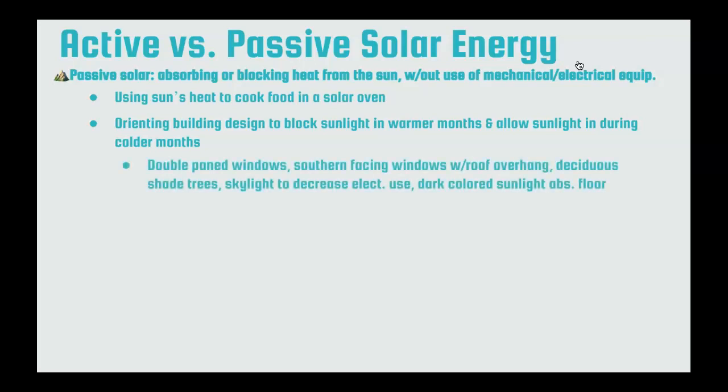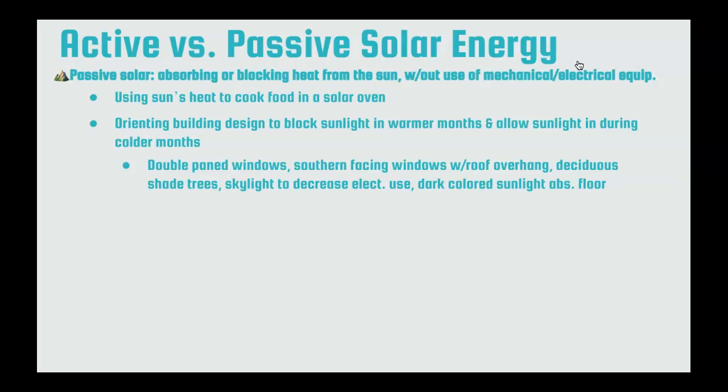colder months. Some of the ways that we can accomplish this in both directions, in terms of warming it up or cooling it down, is through the use of double paned windows, making sure that our windows are southern facing and that they have roof overhangs to allow for the blockage of sunlight during the summer months.